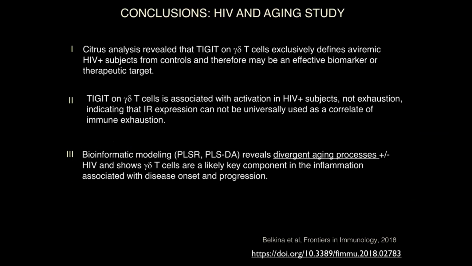TIGIT on gamma delta T cells is associated with activation of the cells in HIV positive subjects and not with exhaustion. So you can't use inhibitor receptor expression as a universal correlate of immune exhaustion. And finally, with our modeling, we revealed divergent aging processes with and without HIV, and likely gamma delta T cells are a component in this inflammation process.